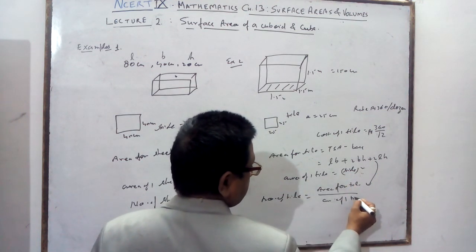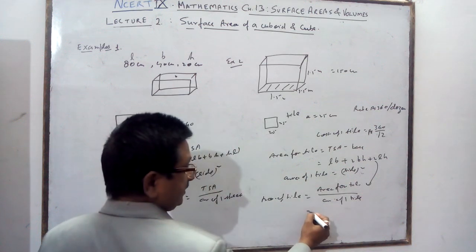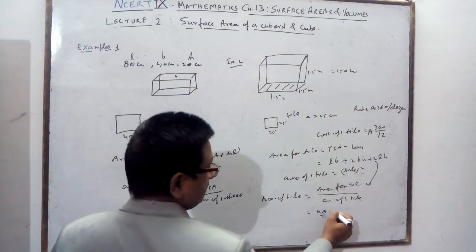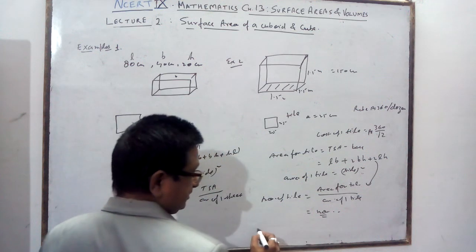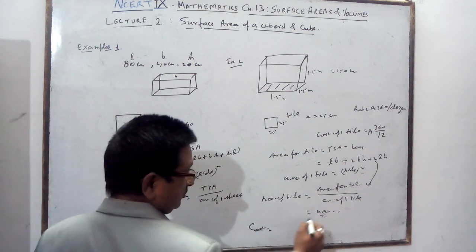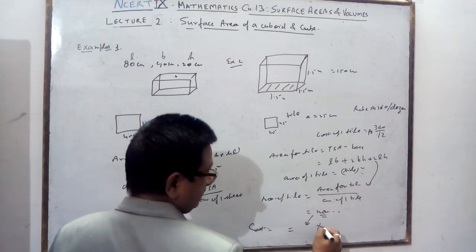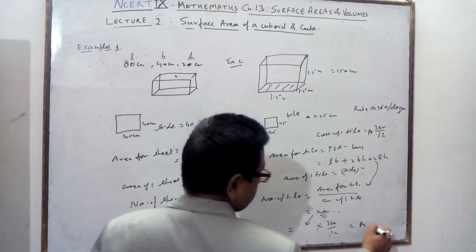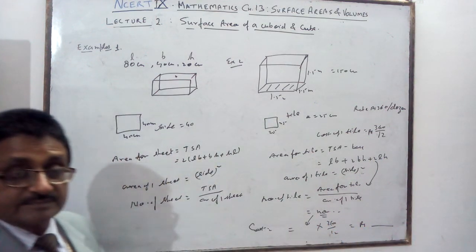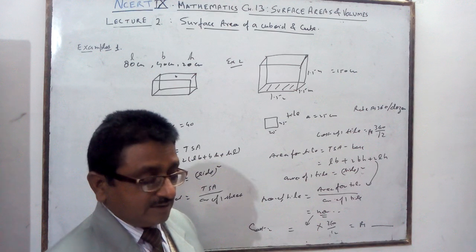Then you will get the number. And the cost is equal to the number you found, multiplied by 360 upon 12. You get your answer, the cost. It is a very common thing.